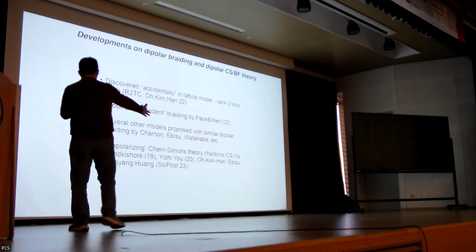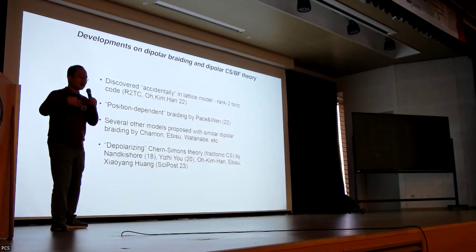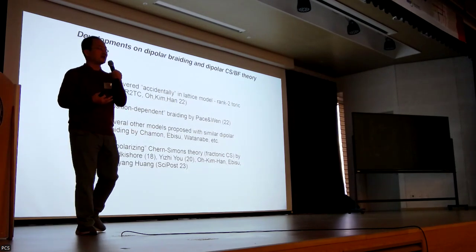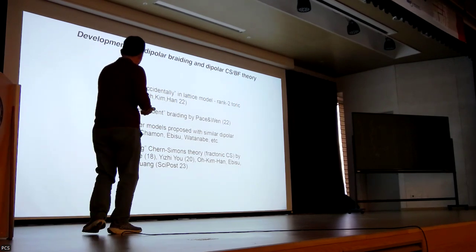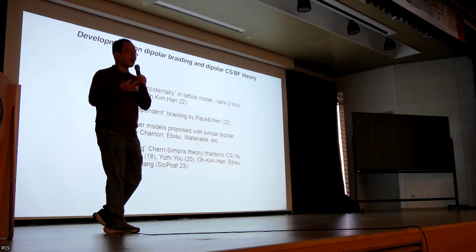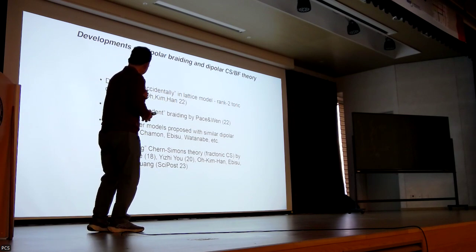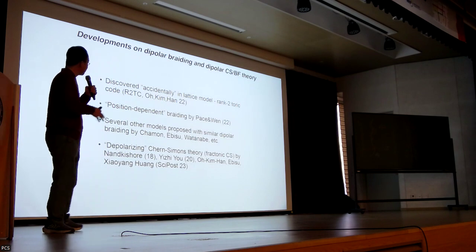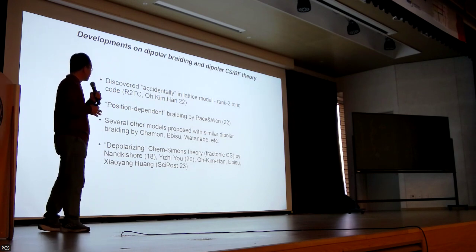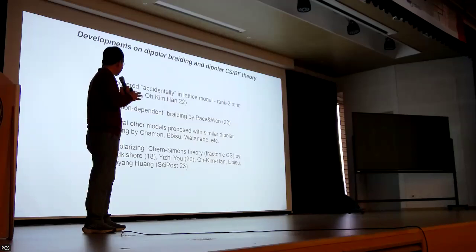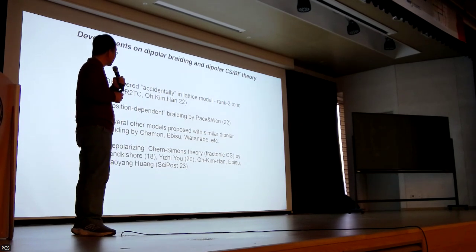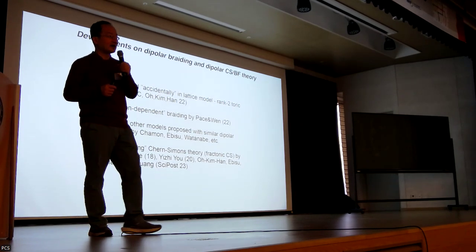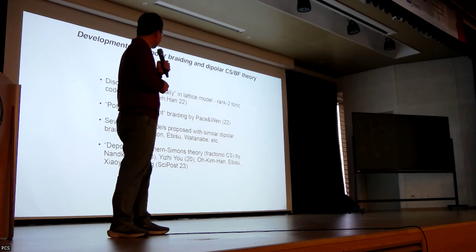So there has been a steady stream of efforts to come up with dipolar versions of Chern-Simons theories or BF theories, the ones that I'm aware of being by Professor Nakishore, ECU, and also a very nice paper by Xiaoyang Huang, who is a student of Andy Lucas. And also there was a paper by a theorist in Japan named Ebisu.